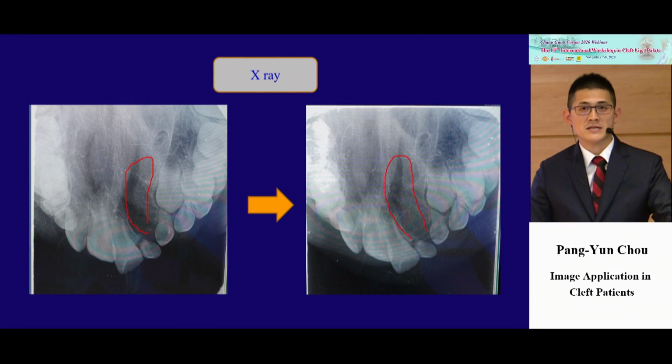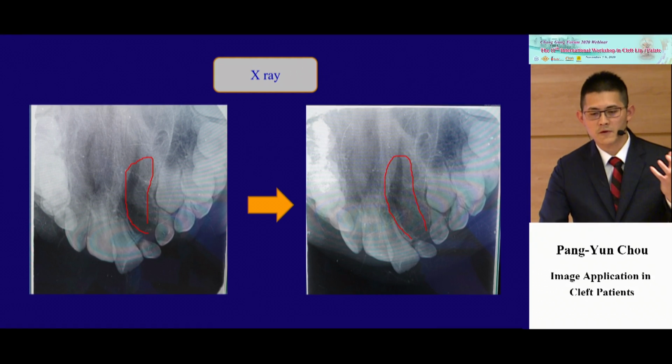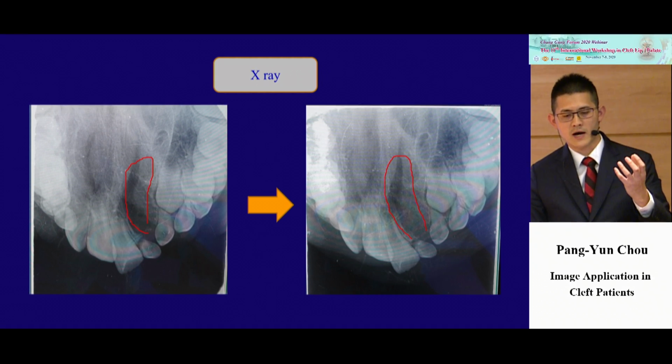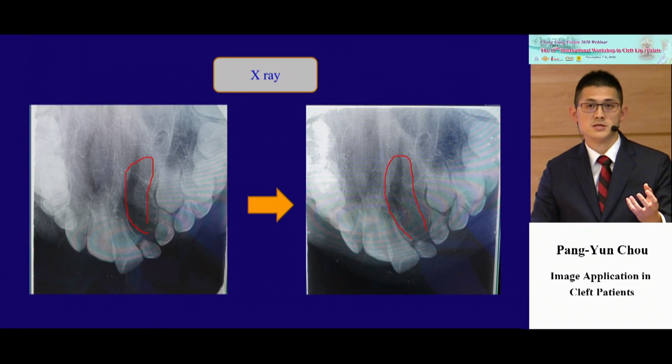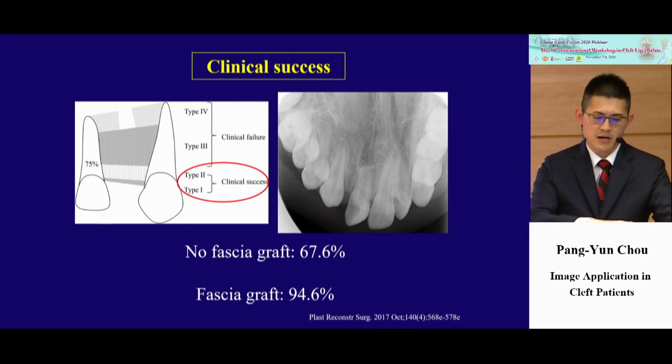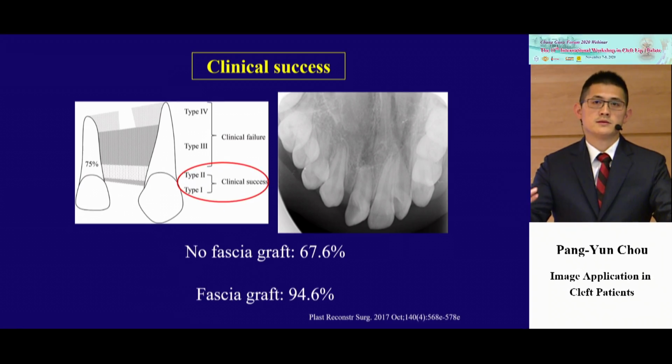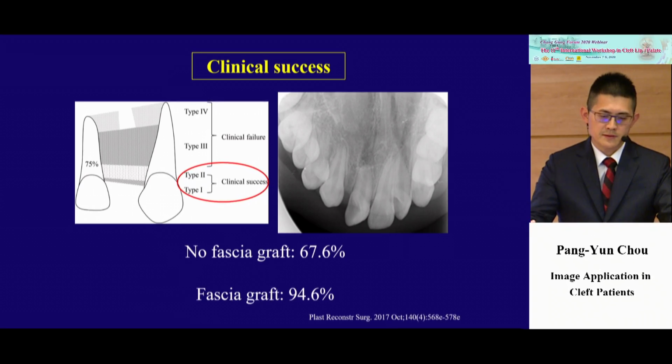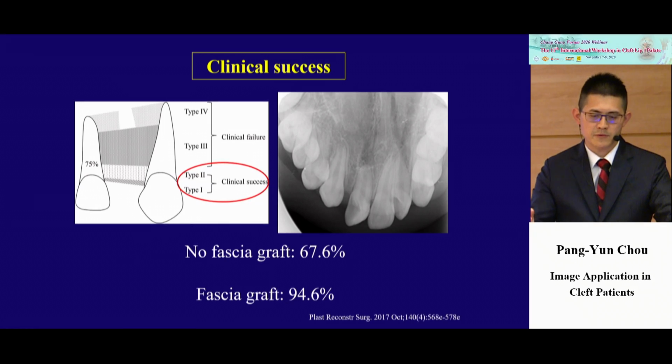So you can easily check that the bone is formed and has survived after the procedure in the X-ray. In our hospital, as I already mentioned, without the fascia graft and with the fascia graft, the success rate is significantly different, around 60% versus 90%.